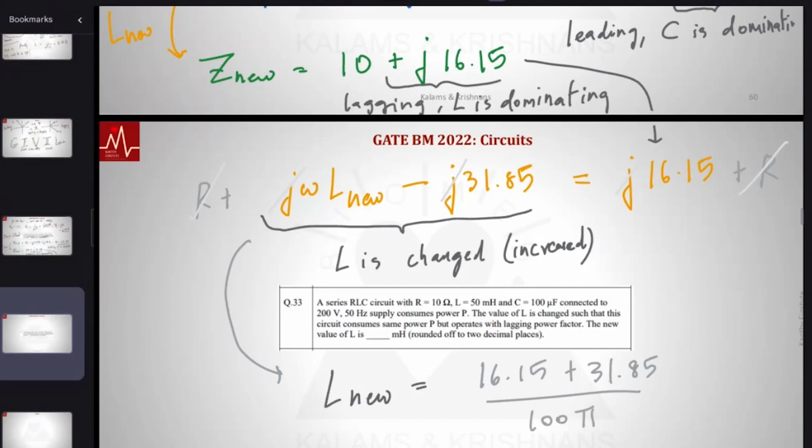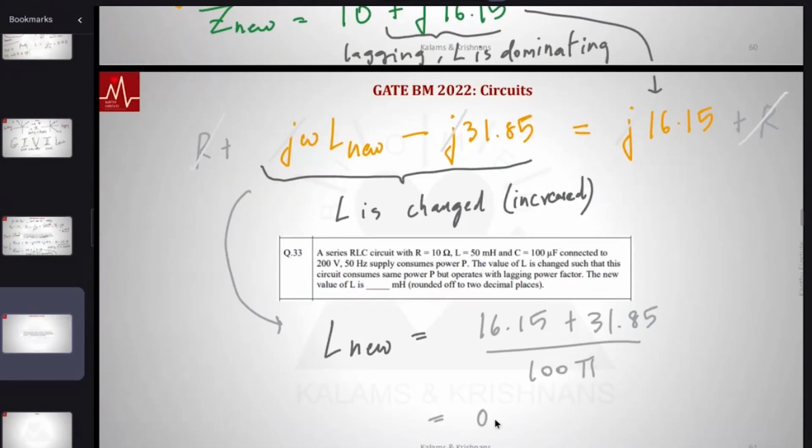Let's do that calculation. 0.15 plus 31.85 divided by 100 divided by 3.14, 0.153, and they want the answer in millihenry. So that is 153 into 10 power minus 3 Henry.